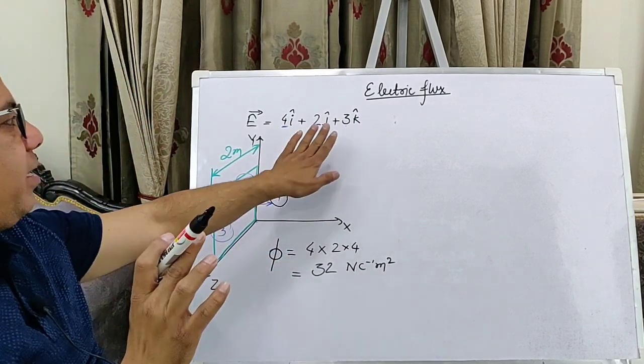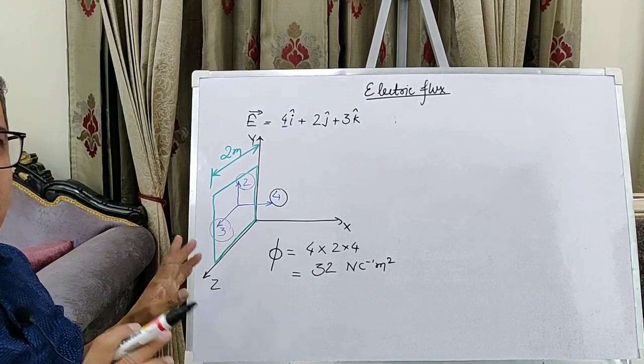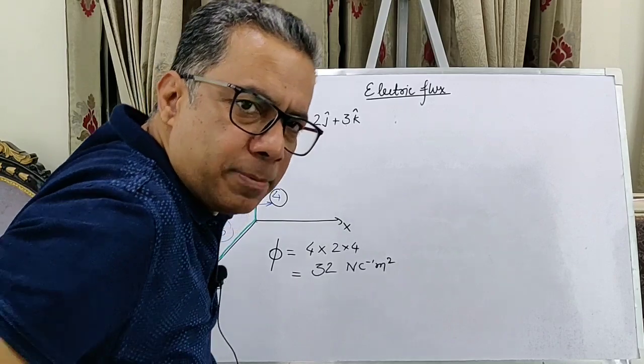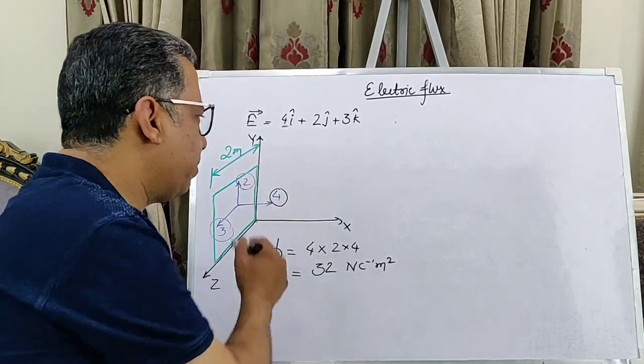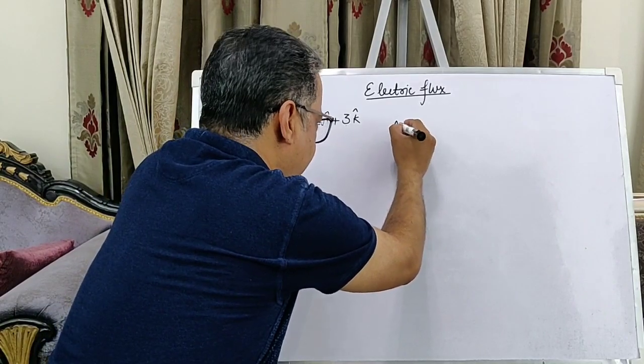Now when the electric field has a constant magnitude and the area is a plane area, lying entirely in the YZ plane, we can assign an area vector to that entire large area.